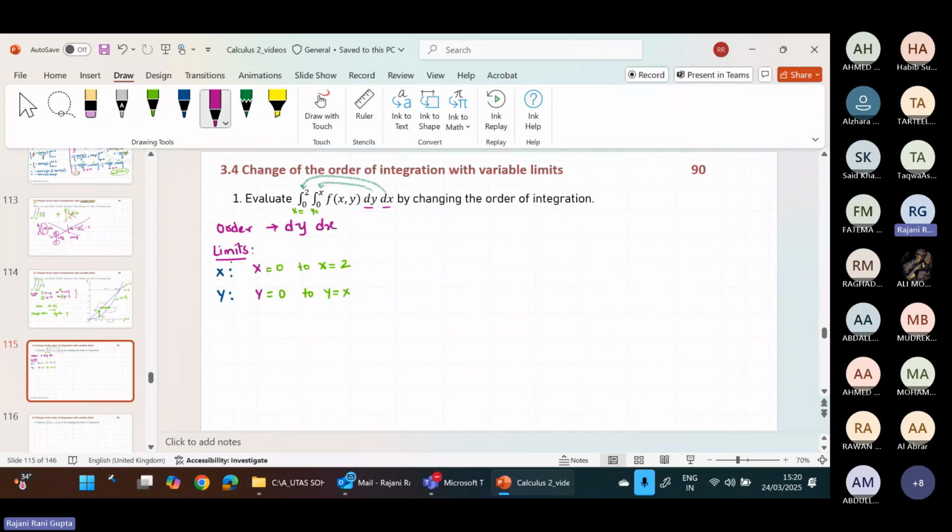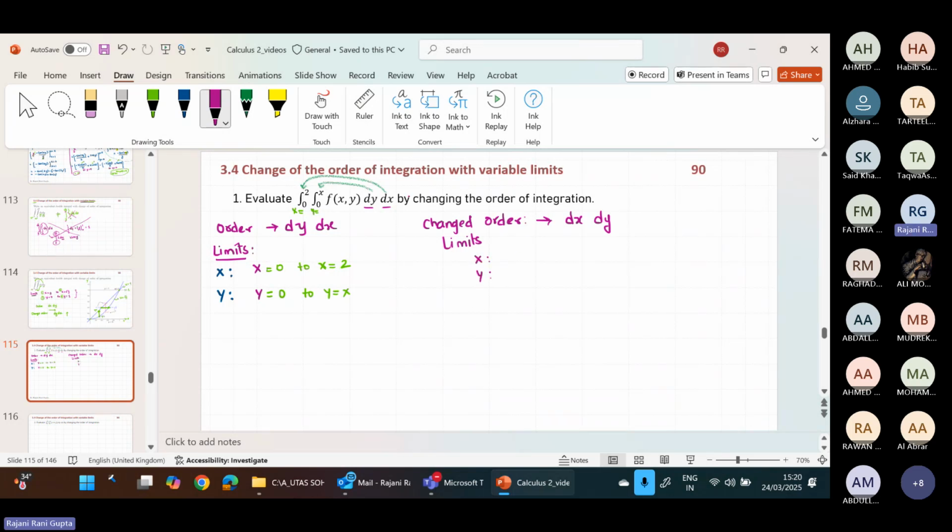Okay, now we want to change the order. So in the changed order of integration, we will be writing dx dy. What we need here are the limits for x and for y.